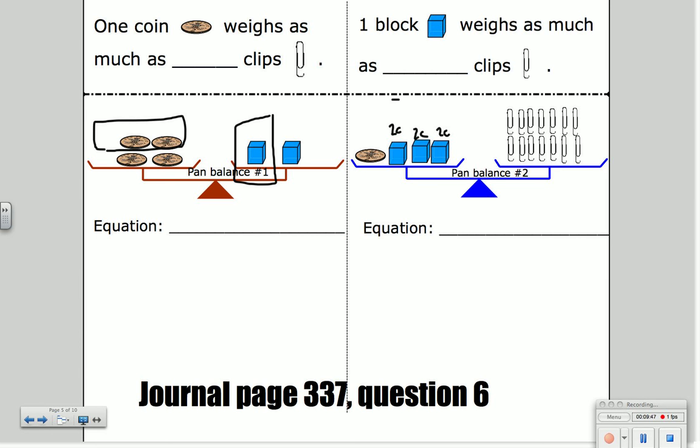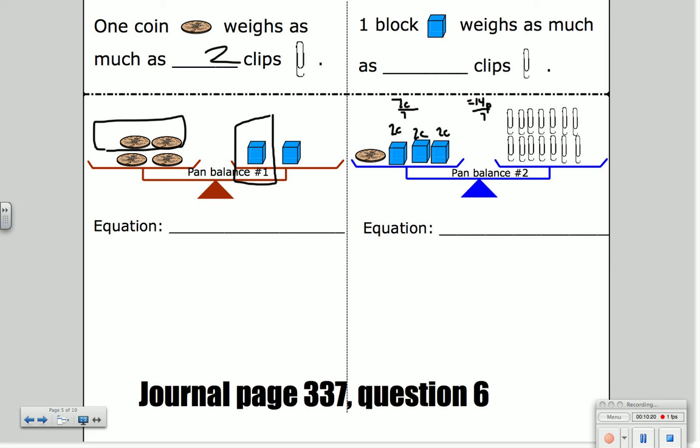So altogether we have 7 coins equals 2, 4, 6, 8, 10, 12, 14. So 7 coins equals 14 paper clips, and I think that you can easily see how much one coin would equal. 7 coins equals 14 paper clips. I could divide it by 7, and I could see that 1 coin would equal 2 paper clips.